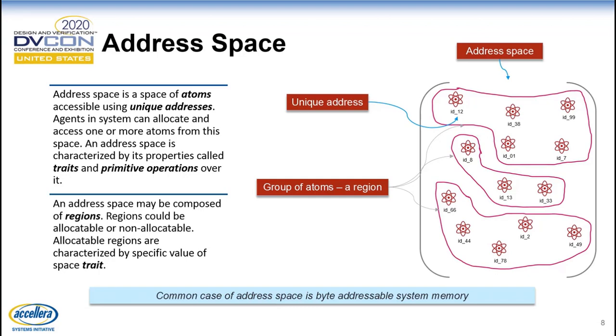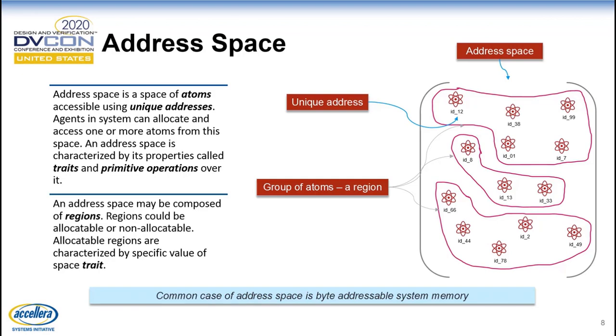An address space is then composed of regions, and the region is basically a set of atoms within that address space. And you'll later see that the space itself and the regions are characterized by some properties that you yourself define. So we have a generic address space that is composed of regions. And on the left side, this is a more formal definition.